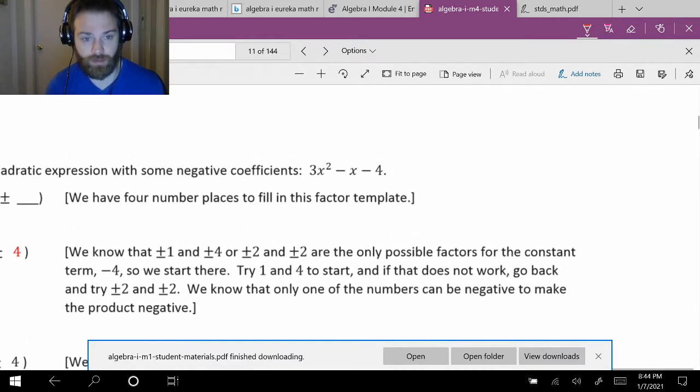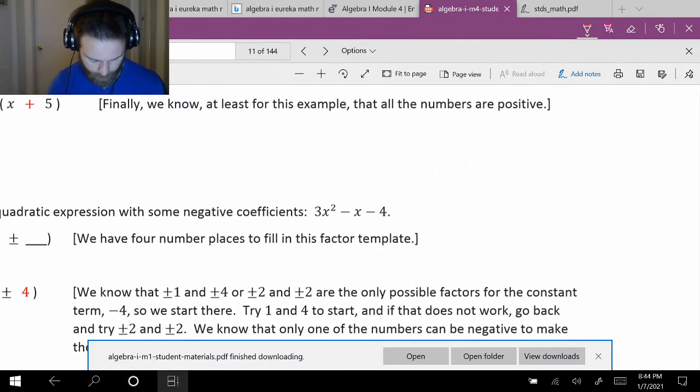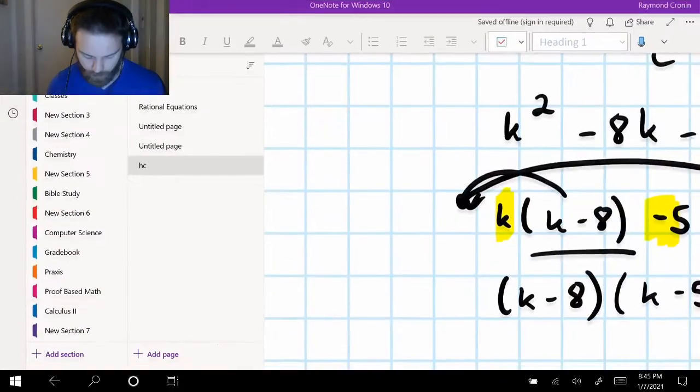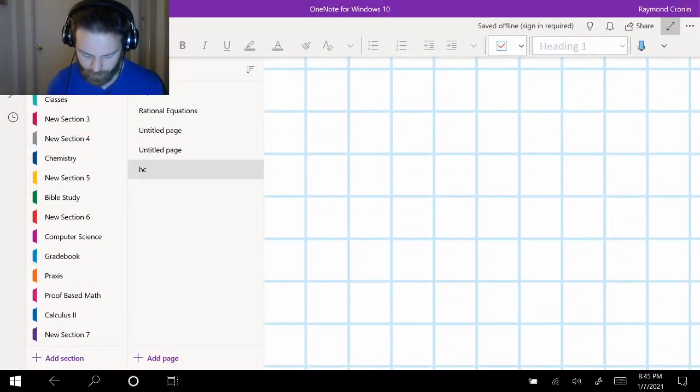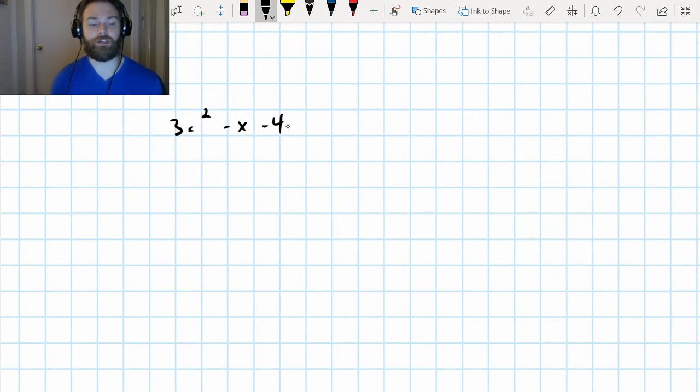Well, in this one, right, 3x squared minus 8x minus 4, I'm actually going to go over here. 3x squared minus x minus 4. Okay, so 3x squared minus x minus 4.